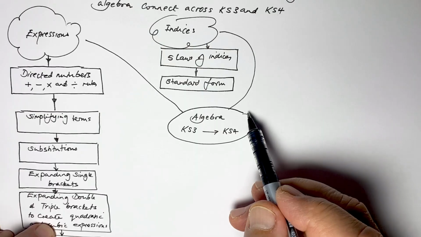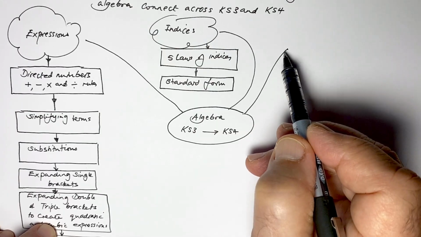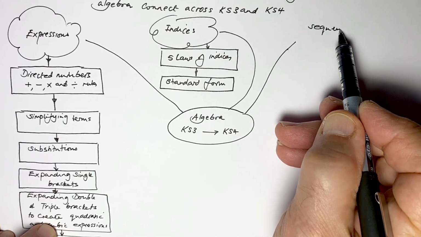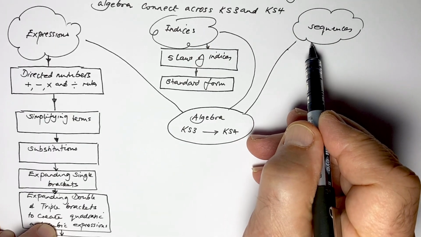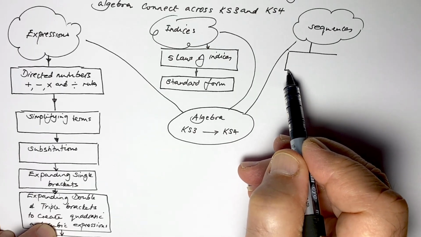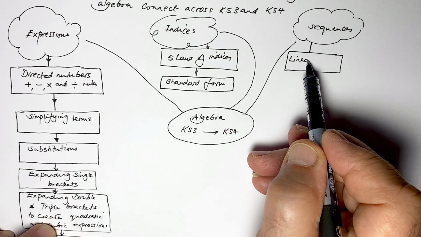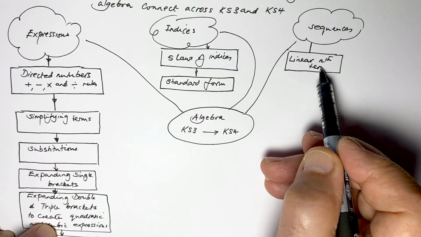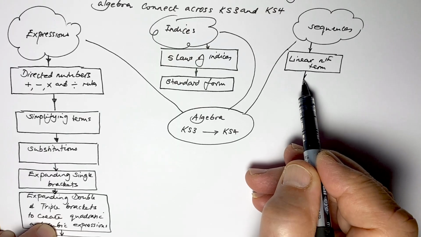Then we go to sequences, which in order we will do linear nth term, and also from there we can do quadratic nth term.